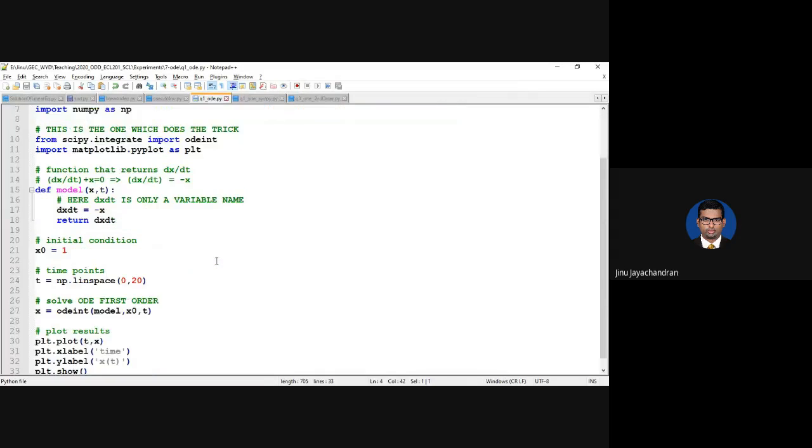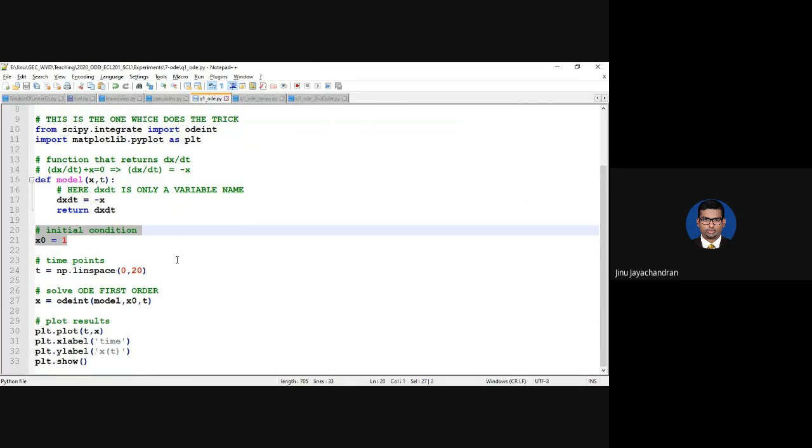Fine. So I set my initial condition x0 is equal to 1. Okay, and then finally I want to call this function ODE int. I should pass the function, I should set an initial value, which I already did, and I also should pass t.